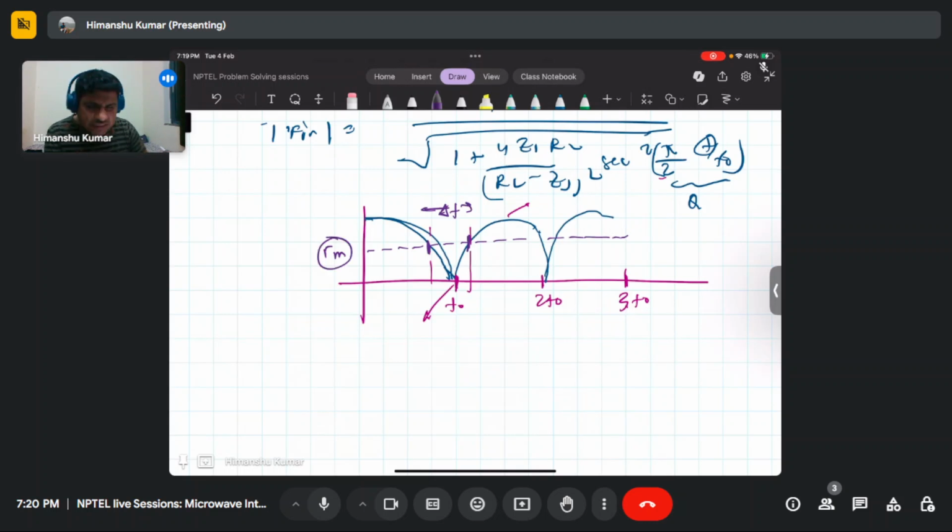Based on this threshold level you can define it, and this is different compared to the 3 dB bandwidth.